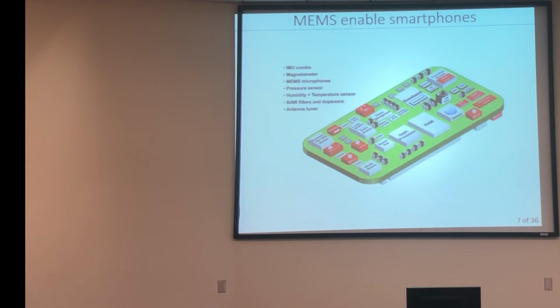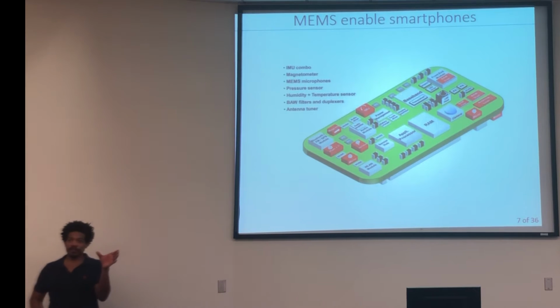You also get a really great signal-to-noise ratio, because with a high Q, you're able to get a very high amplitude of oscillation with very little energy. You can't get that with electronics, but you can with MEMS. So it enables our cell phones to work. There are other things in there too.